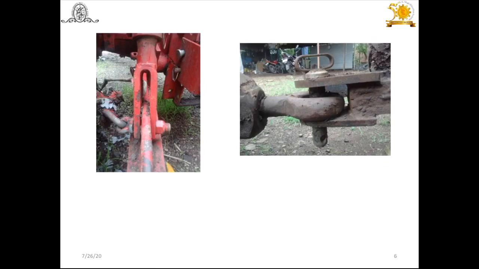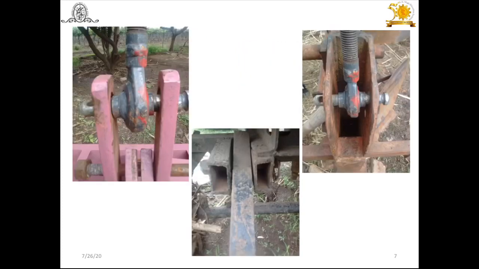In many applications in agriculture and farm equipment, knuckle joints are used. You find this hydraulic system where this part is a fork, this part is an eye, and this is the knuckle pin. Again in other agricultural equipment you will find the knuckle joint: it's a fork, an eye, and then a pin.